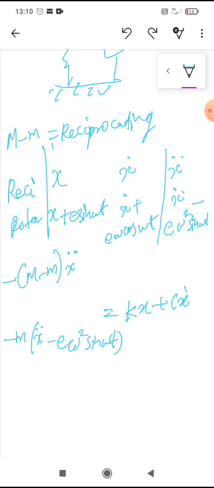So if I bring the minus side to the right, all the terms will be positive.